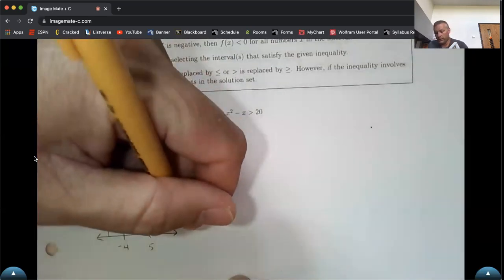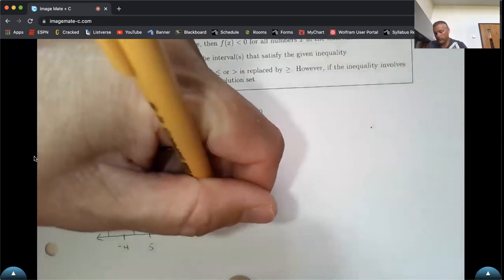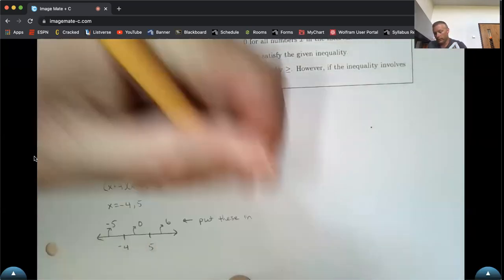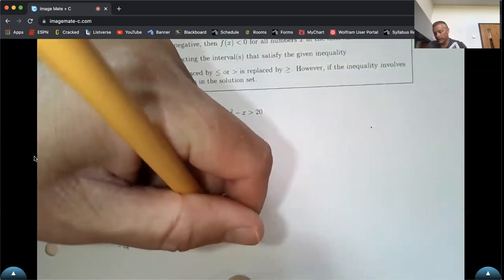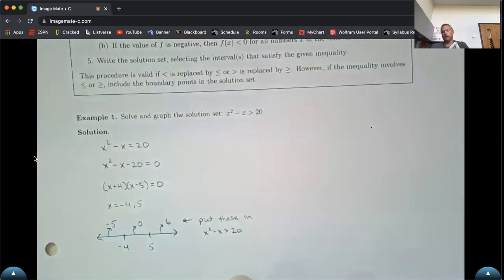And we're going to put these numbers in the original inequality, x squared minus x is greater than 20. These are the only places where it's an equality. So if I plug in negative 5 to the inequality and it's true, then it's going to be true everywhere until negative 4, when perhaps it switches from being true to false or vice versa. It may not switch, but we're going to find out.